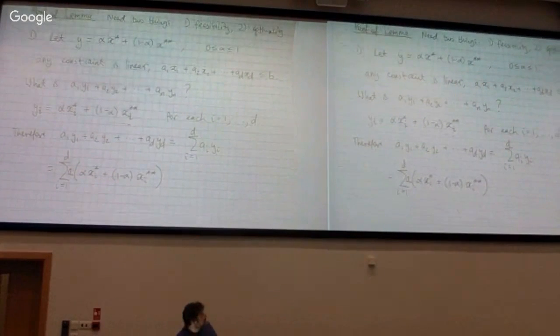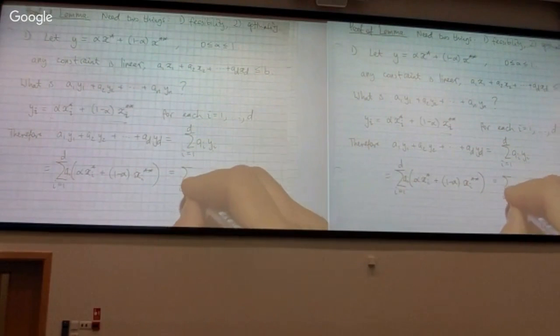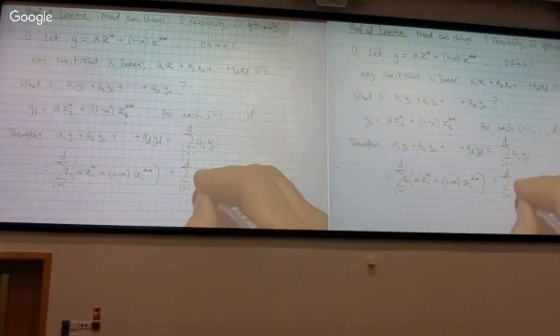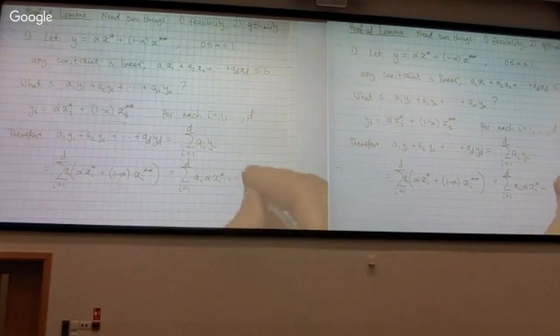And what you get is the sum with i going from 1 to d of ai alpha x star i, plus another sum from 1 to d of ai times 1 minus alpha times x double star i. You agree?